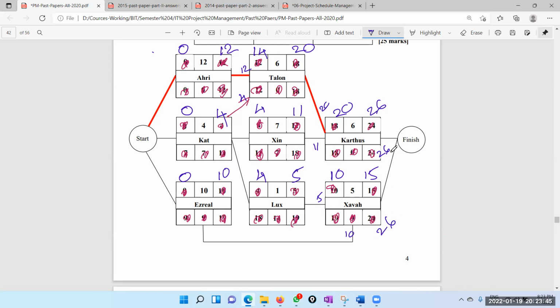So now 26 minus 6, because that is the late start date. 26 minus 6 is 20. 26 minus 5, how much is 26 minus 5? 21. So this is the same as this, because this is the late start, this is the late finish, with only that dependency. So therefore it is 21. Then 21 minus 1 is 20.